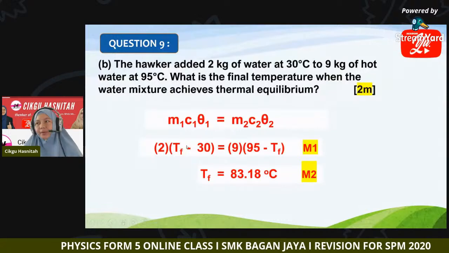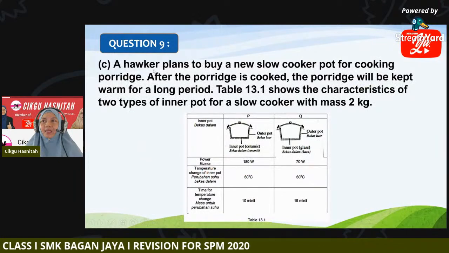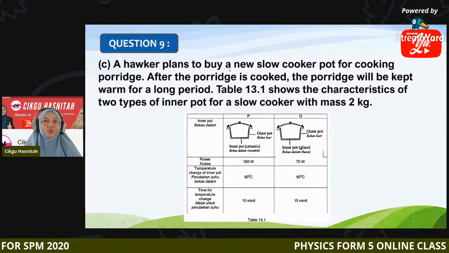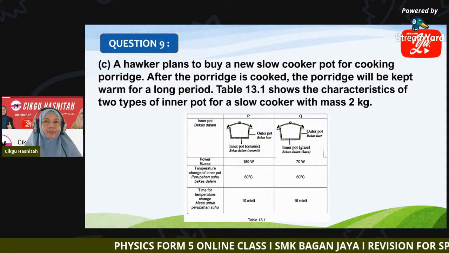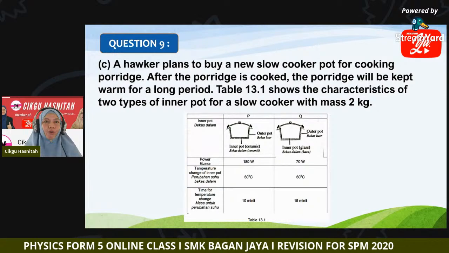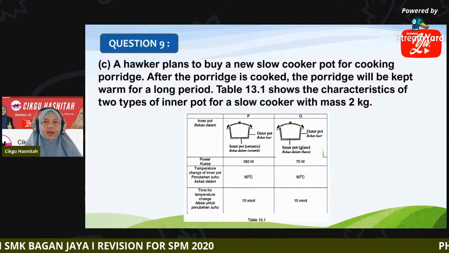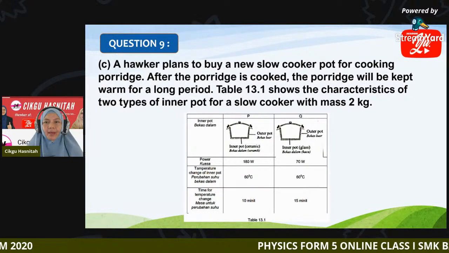Okay, next, C. A hawker plans to buy a new slow cooker pot for cooking porridge. After the porridge is cooked, it will be kept warm for a longer period. Table 13.1 shows the characteristics of two types of inner pot for a slow cooker with a mass of 2 kg.